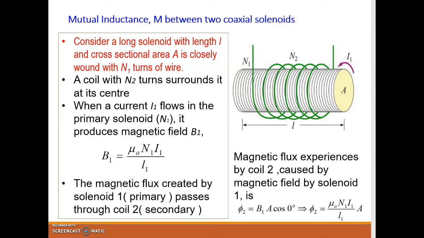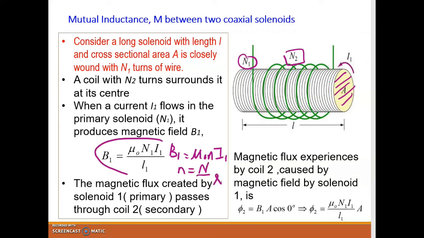The figure shows a long solenoid with cross-sectional area A and N1 turns, and it is surrounded at its center by a coil of N2 turns. Current I1 will start to flow in the solenoid, and a uniform magnetic field is generated at the center by the equation B1 is equal to mu naught N1 I over L. Actually, the equation is B1 is equal to mu naught n I, because n is equal to the number of turns per unit length.